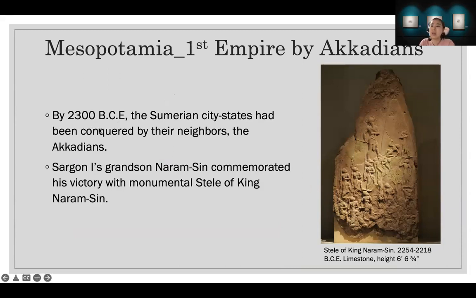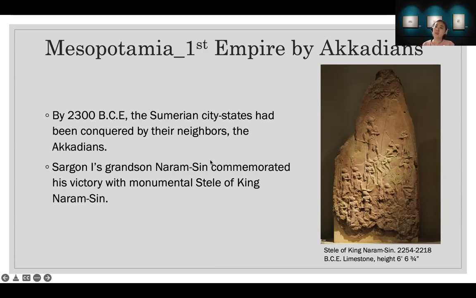And by 2300 BCE, the Sumerian city-states we just saw had been conquered by their neighbors to the north, the Akkadians. And under ruler Sargon I, the Akkadians established the region's first empire.